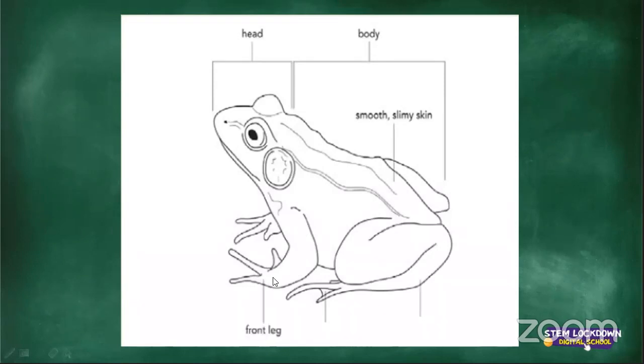Here is the frog's front leg. Remember that frogs have webbed feet. Why? Because they are in the water as well and they need to be able to move through the water effortlessly.